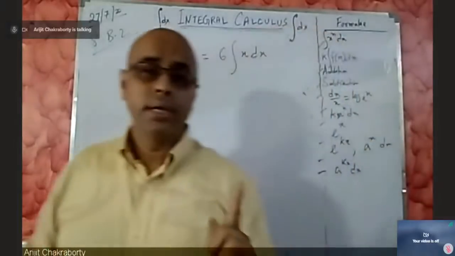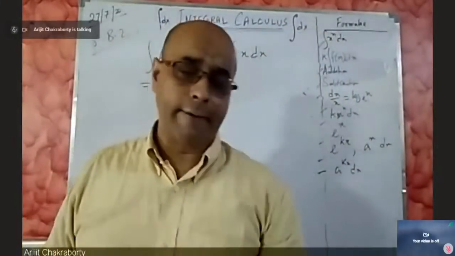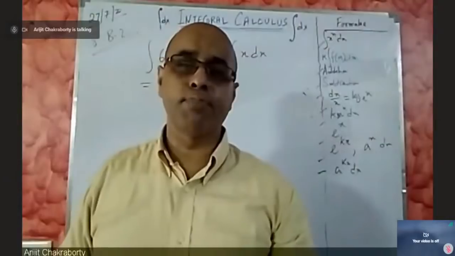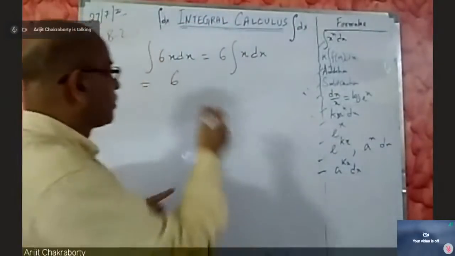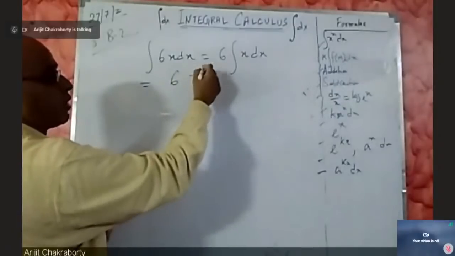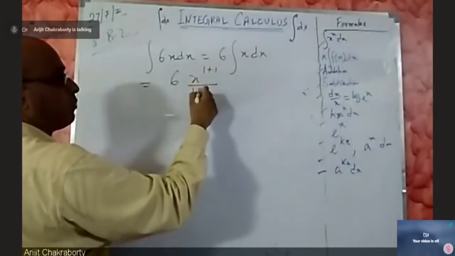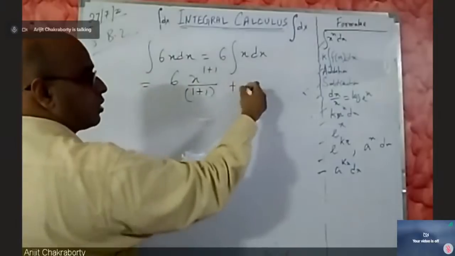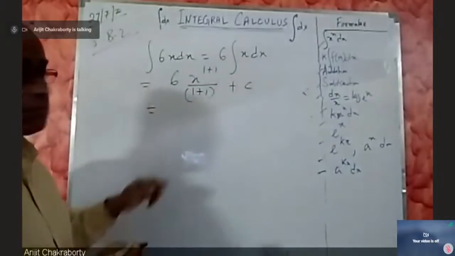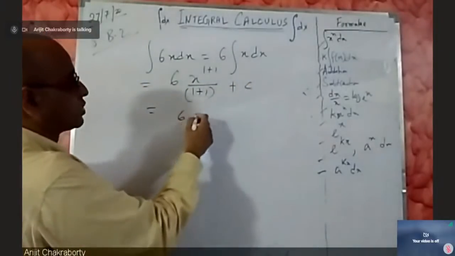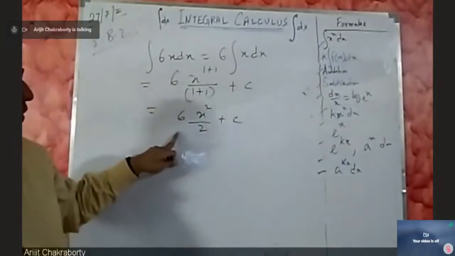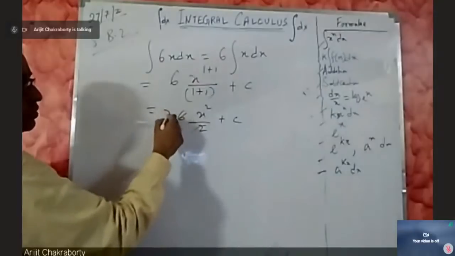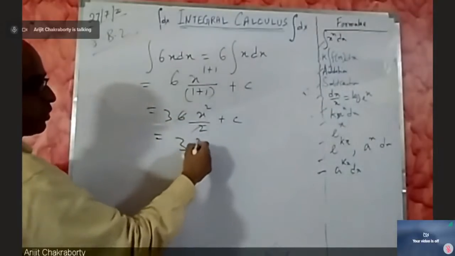X has the power 1. So using the power rule, we can write this as x to the power 1 plus 1 divided by 1 plus 1, plus the constant c. So this becomes 6 as it is into x squared by 2 plus c. 2 cancels, so this becomes 3x squared plus c.